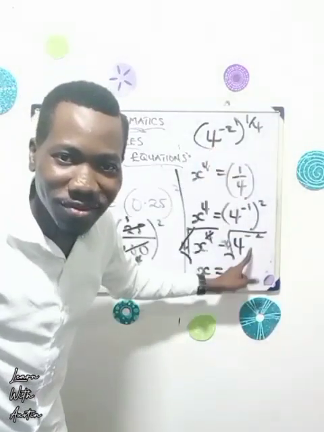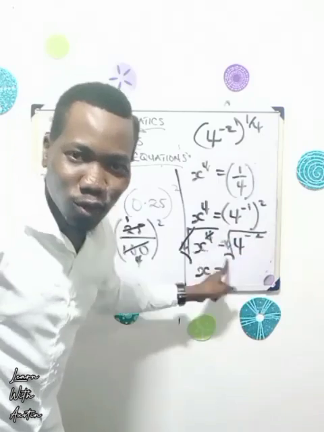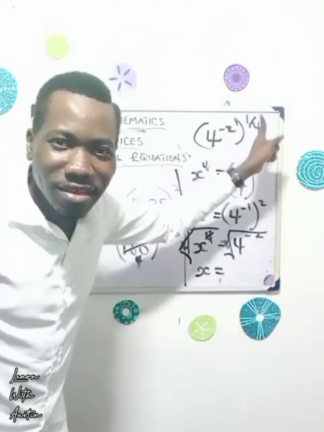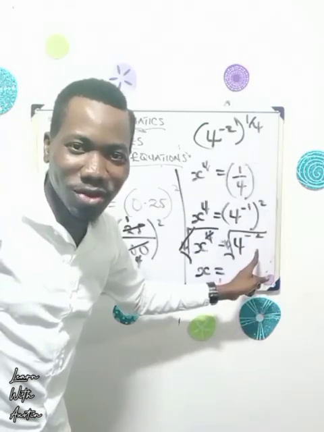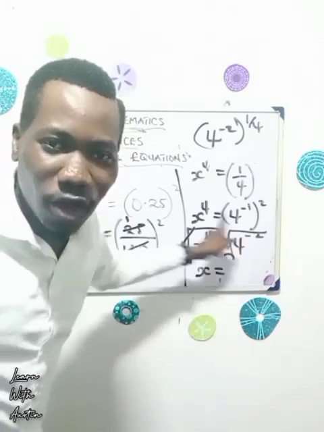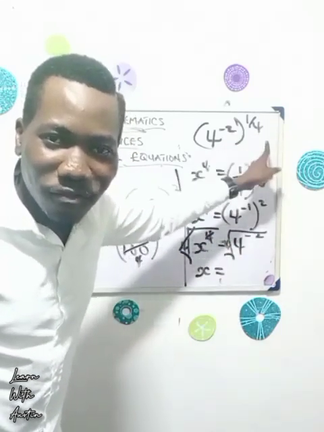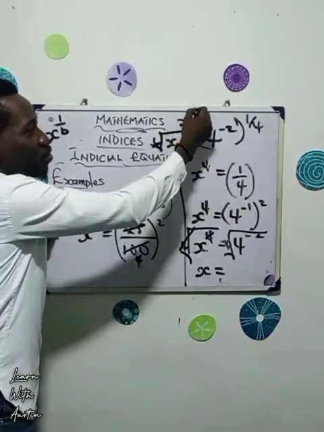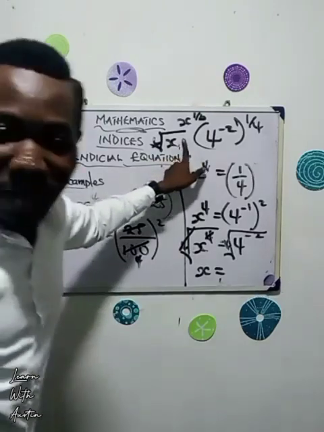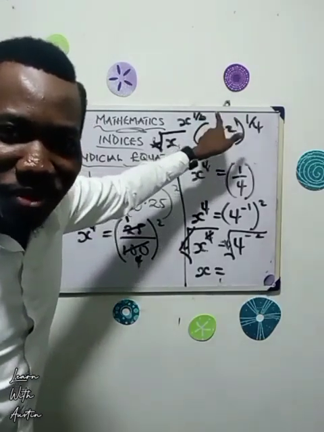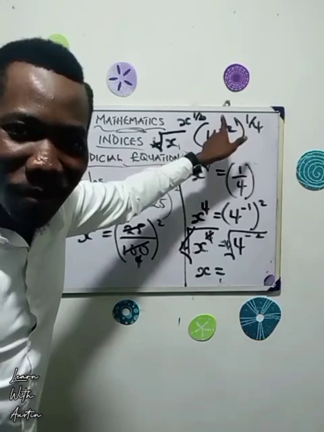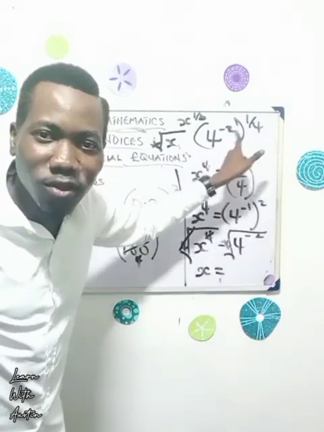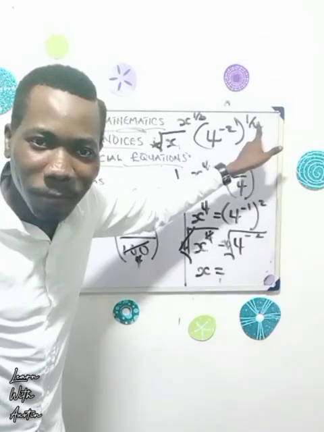The fourth root is raised to the power of 1 over 4, just like the bth root of x can be expressed as x raised to the power of 1 over b. Yes, we are applying the rule. So the fourth root of 4 can be expressed as 4 raised to the power of 1 over 4.